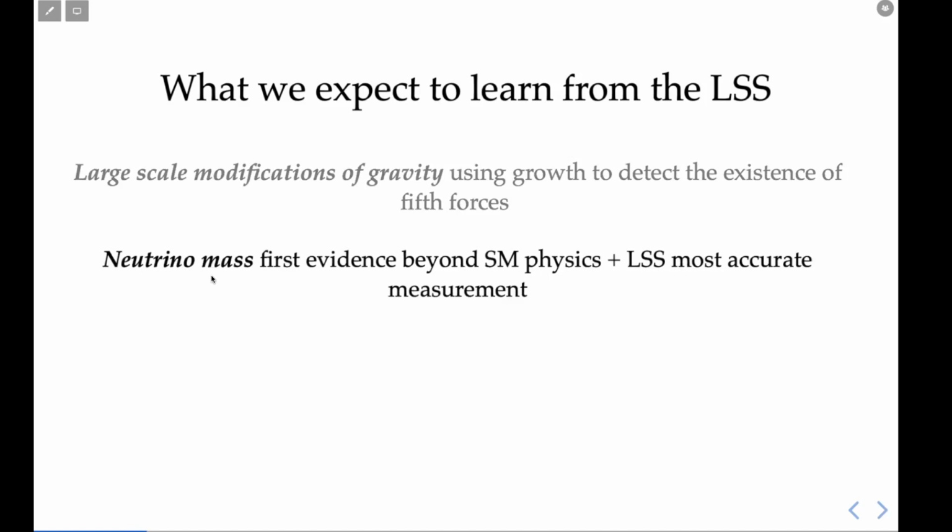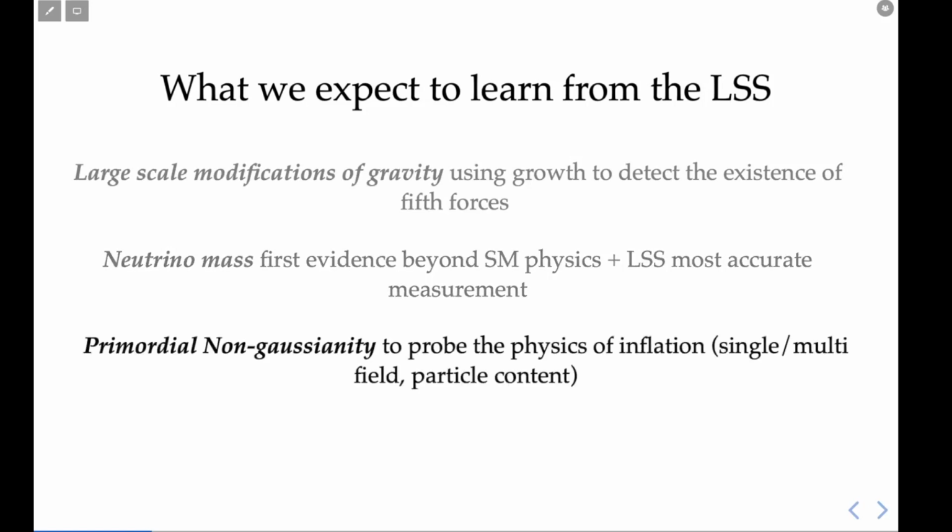Measuring the mass of neutrinos is actually the first evidence we have beyond the standard model of physics, the fact that neutrinos have masses. And large-scale structure of the universe might provide the most accurate measurement that we will have in the future, because this is something really hard to do in experiments in the laboratory. So that makes it very exciting.